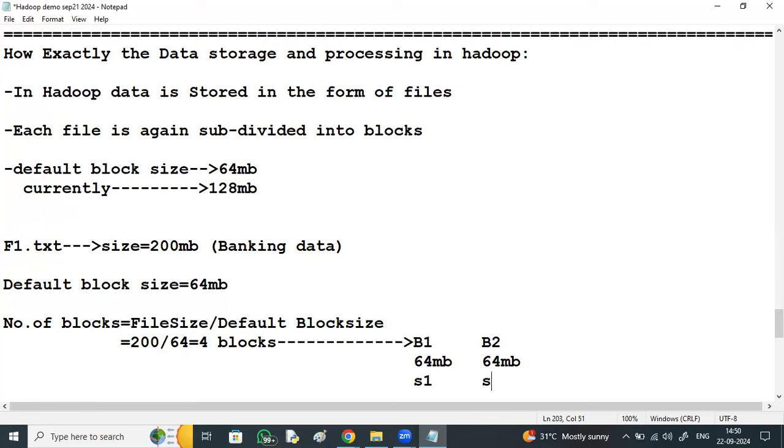So the 4 blocks are stored across 4 slaves. B3, again 64 MB, is stored in slave 3. B4 is there, right?